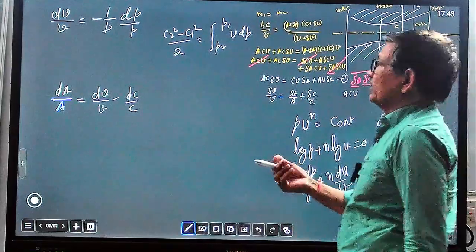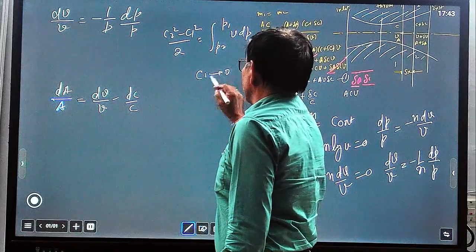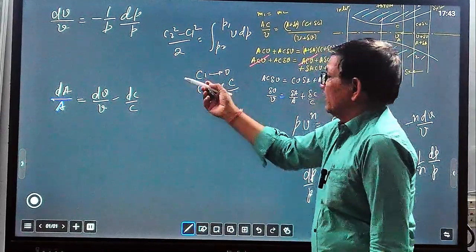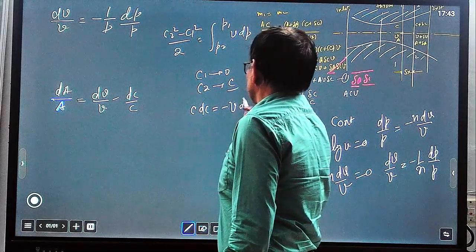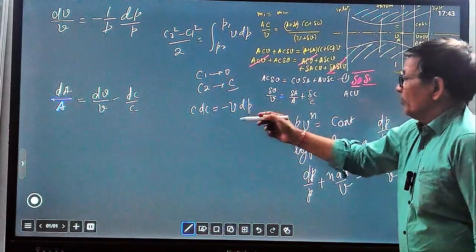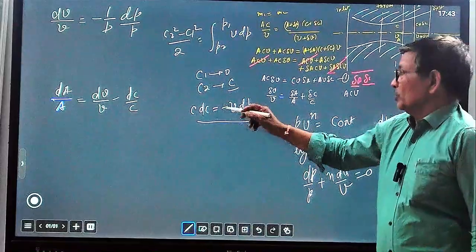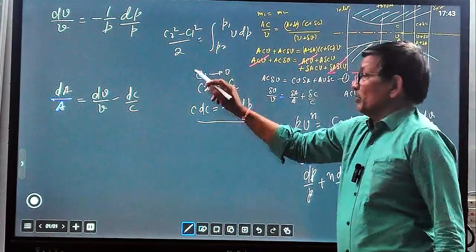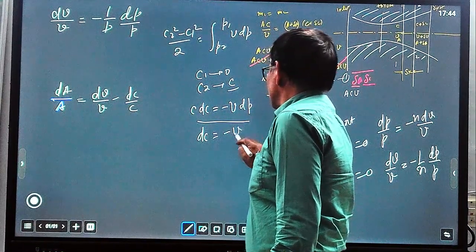If we differentiate this equation, considering C1 tends to 0 and C2 as C, we get CdC equals minus VdP. If you integrate this again as a definite integral from C1 to C2 and P1 to P2, you get the same equation. So from CdC equals minus VdP, dC equals minus V by C dP.